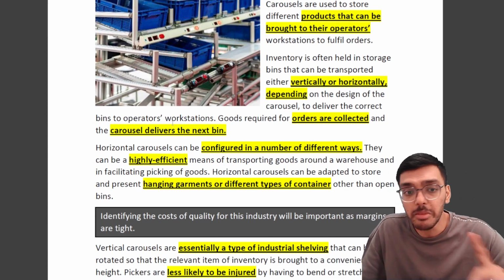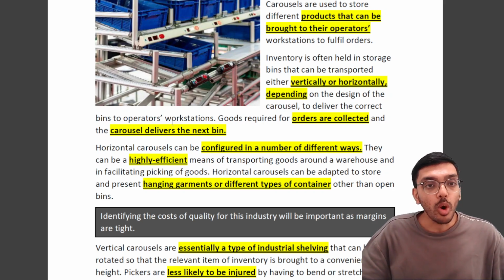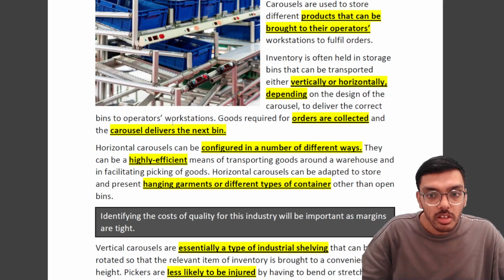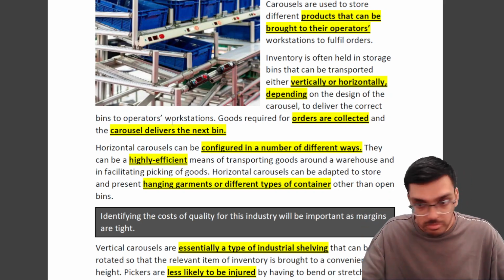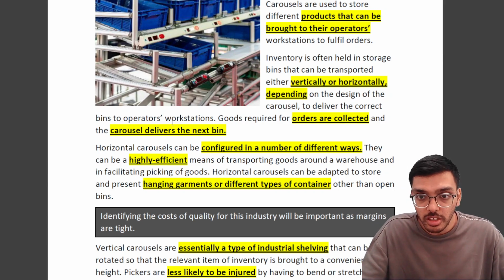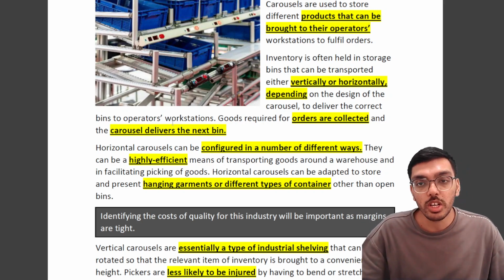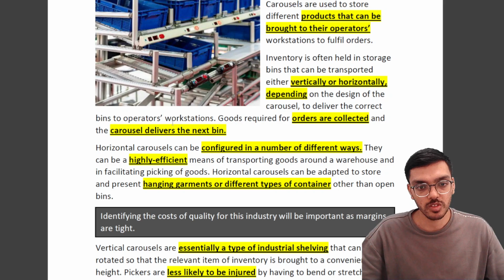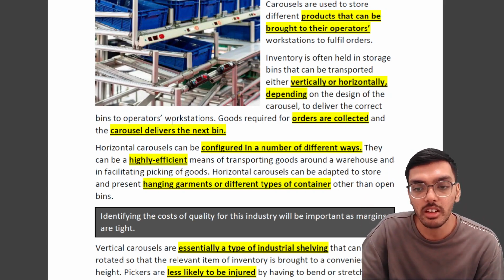Over here, it's very important to identify the costs of quality, because in this industry, margins are going to be tight. What if repeatedly the wrong goods are brought to the operators? That's time wasted, energy wasted, electricity wasted. The whole system becomes inefficient. So the costs of quality are very high. Businesses like ours should invest in prevention and appraisal costs, so that internal failure and external failure costs are very, very low.